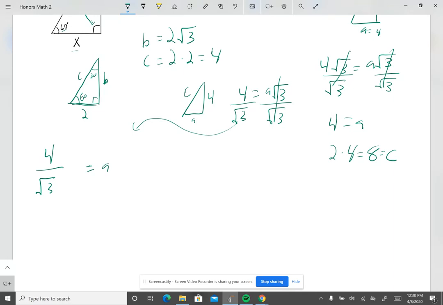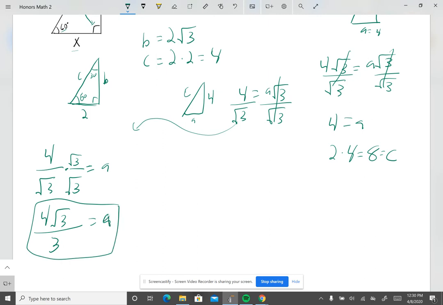And so to get rid of that, you multiply by square root of 3 over square root of 3. And then you end up with 4 times the square root of 3 over the square root of 3 times the square root of 3, which we can look at a couple of different ways. You could see that as the square root of 9, which you know is 3, or you could see it as the square roots canceling, and it's just 3. But that's how you're going to write your final answer, if I had asked you to solve for A in this case, with no radicals on the bottom. You want your radical to be in the numerator, not the denominator.